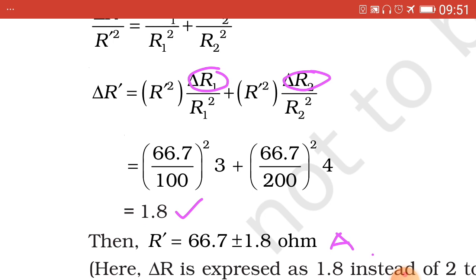So this is equal to, we take together R dash square upon R1 square, which is 66.7 upon 100, that is the value of R1 given. 66.7 was the previous answer in A part. The whole square into 3 plus 66.7 upon 200, the value which has been given of R2, the whole square into 4.